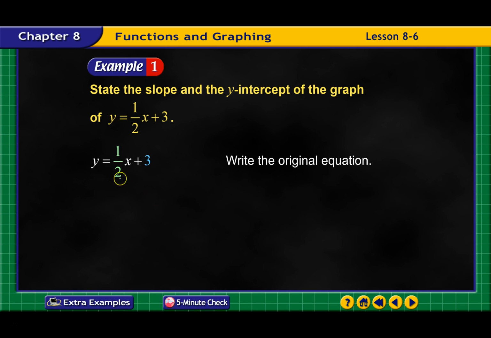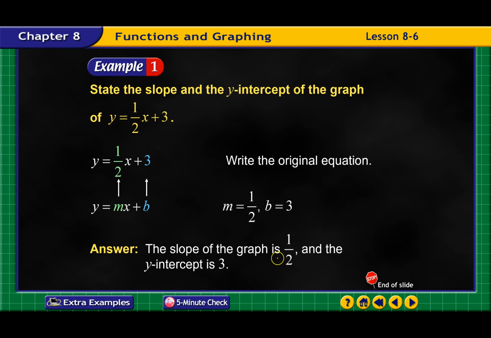So our original equation, green is going to be our slope and blue is our y-intercept. So m is 1/2, b is 3. So our answer is the slope of the graph is 1/2, and the y-intercept is 3. It doesn't have to have a positive 3 there, it just has to be 3. But if it was negative, you would have to have negative.